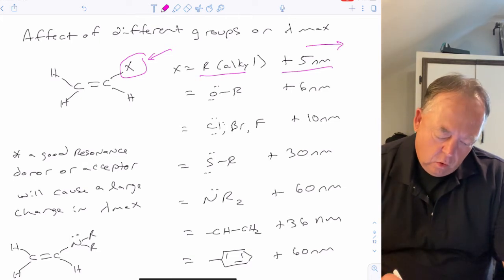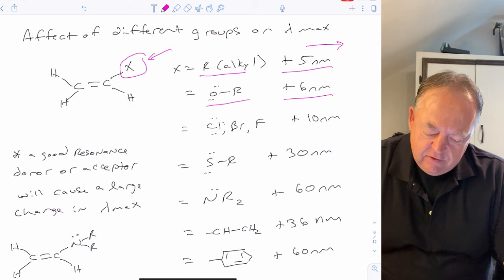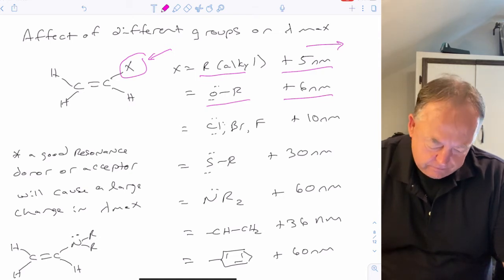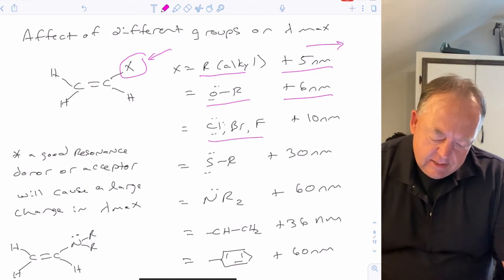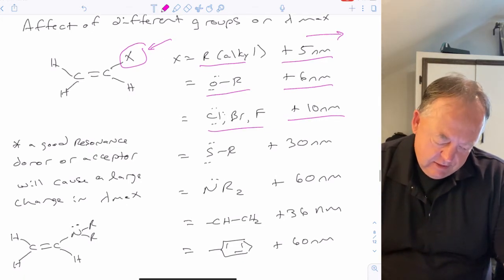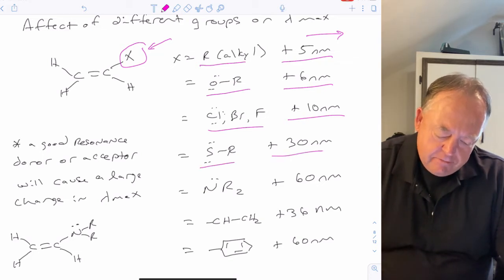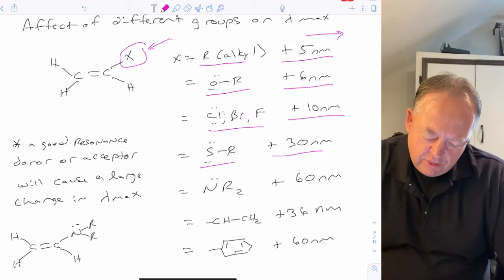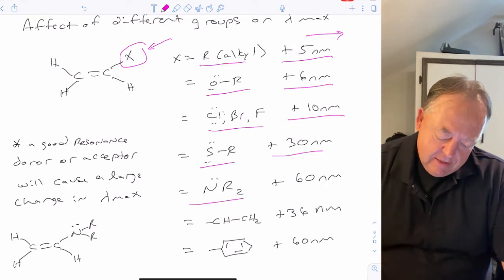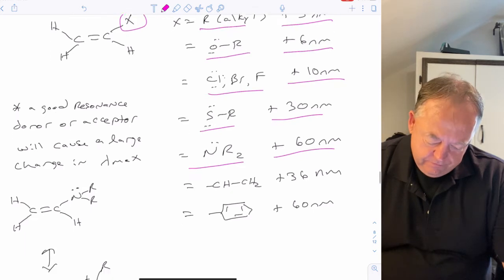If X was an OR group, so an ether or an alcohol, then that's going to shift it by about 6 nanometers. If it's a halogen, that's going to shift where it absorbs by about 10 nanometers. If it's a thiol or a sulfide, so an SH or an SR, that has a big effect, about 30 nanometers, and if it's an amine, then that's about a 60 nanometer shift.